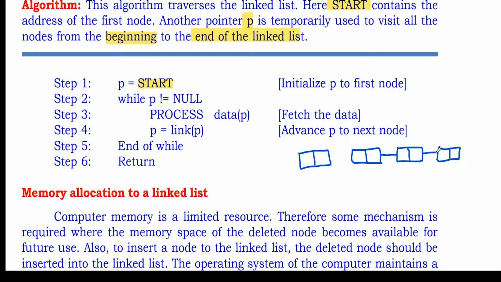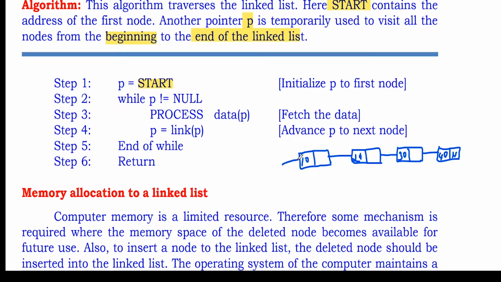Let me write some numbers here: 10, 20, 30, something like that. This last node contains null, which is the end of the list.